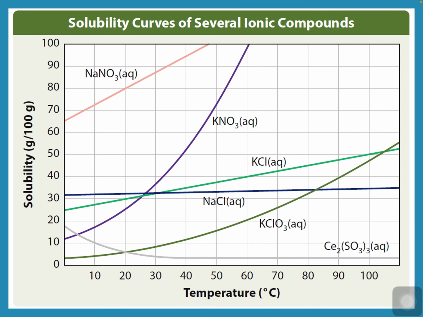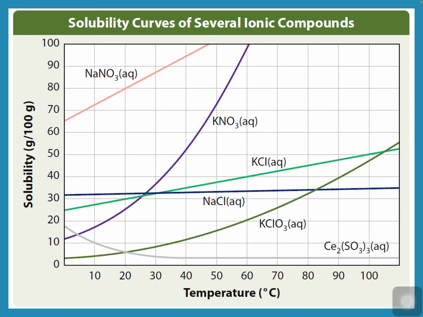We can use solubility curves to help us identify whether something is saturated, unsaturated, or supersaturated. If it's supersaturated, we can calculate the amount of the precipitate there is. So once the full amount is dissolved, how much extra is left over that wouldn't be dissolved.